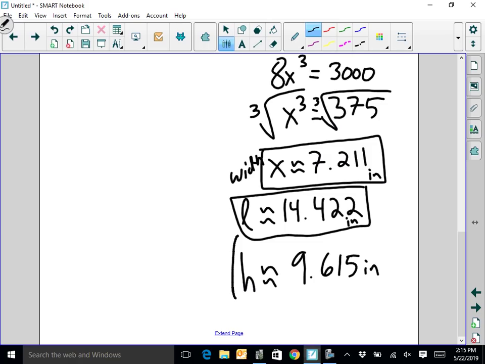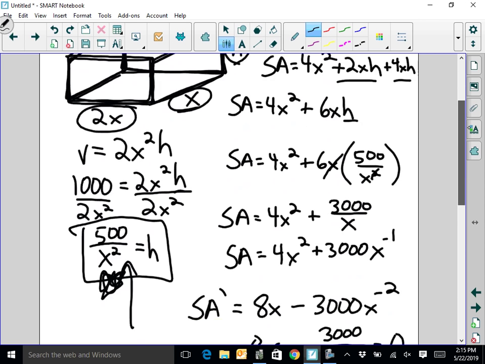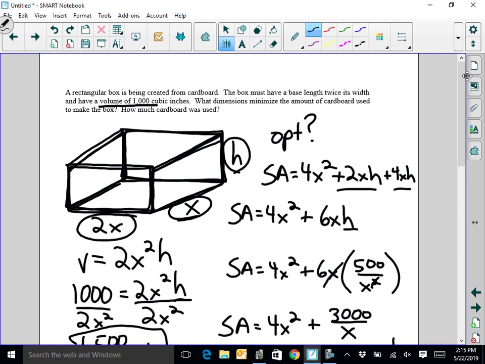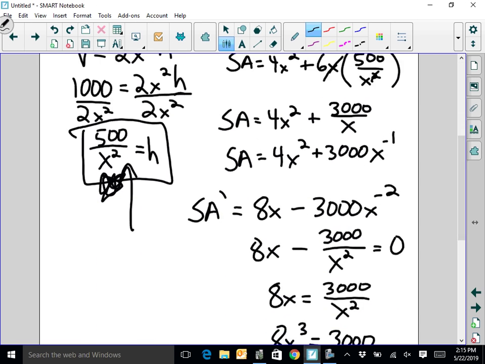The last thing I want to do is know how much cardboard was used. Well, that would be my surface area. This time I'm going to use this surface area equation to calculate it. You don't have to. But since I have x already stored on my calculator, I'm going to type in 4x squared plus 3000x to the negative 1. Evaluate that.